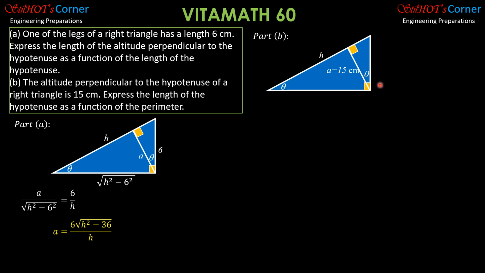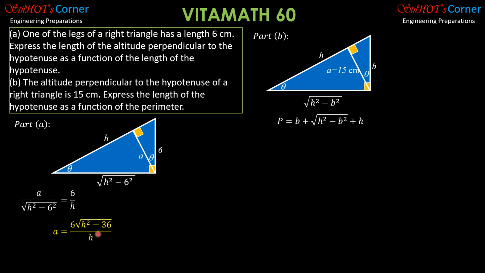You have similar triangles. If that is b, then this is square root of h square minus b square. The perimeter therefore is equal to b plus square root of h square minus b square plus the hypotenuse. Perimeter is equal to the sum of the sides. So b plus square root of h square minus b square plus h, where b is the other leg.